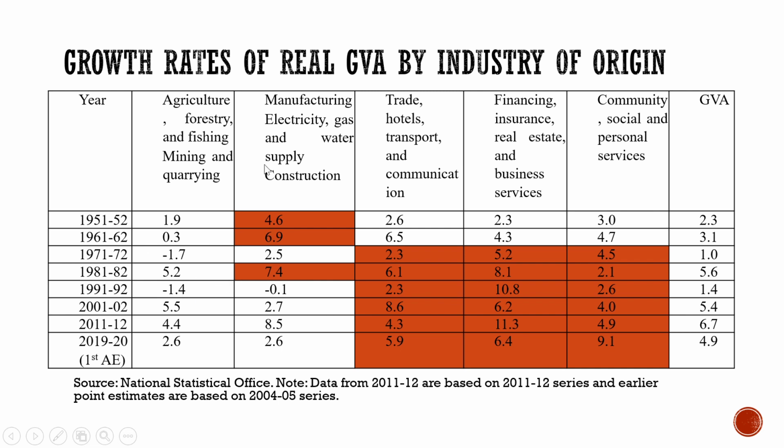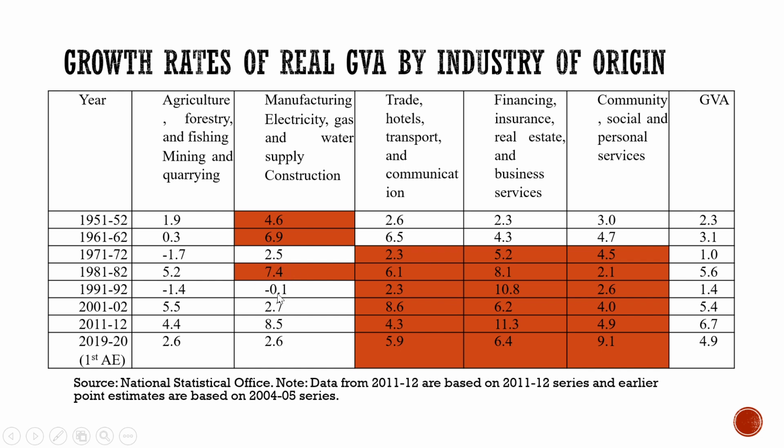But if we see manufacturing, electricity, gas, water supply, construction, or what we call the secondary sector, it grew very rapidly in the second decade of planning. And in the 1980s also, the growth rates were very high for the secondary sector.